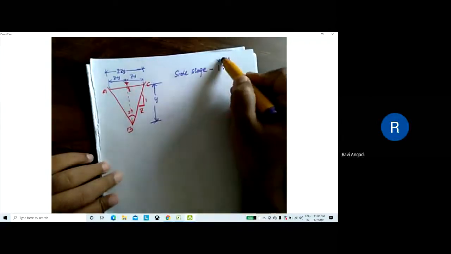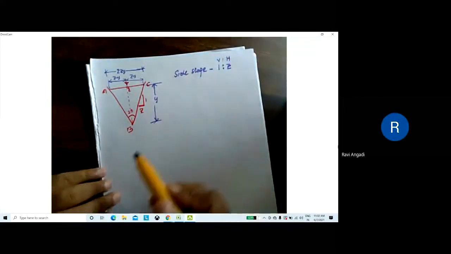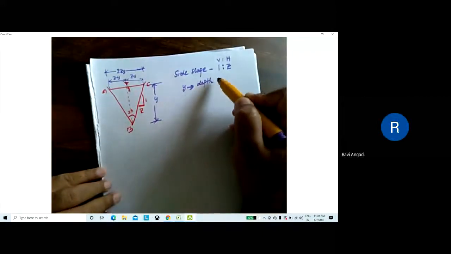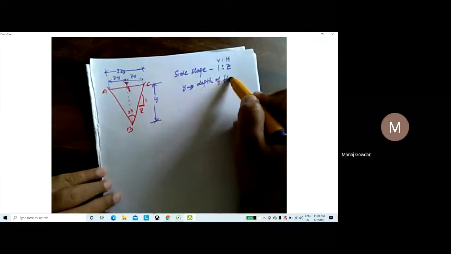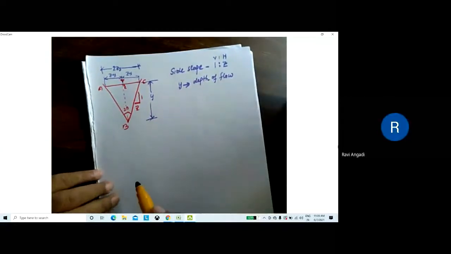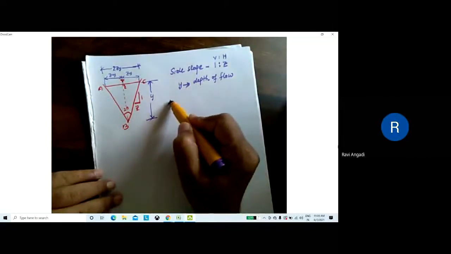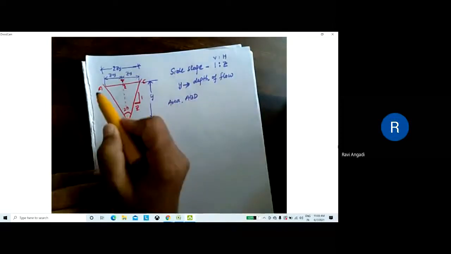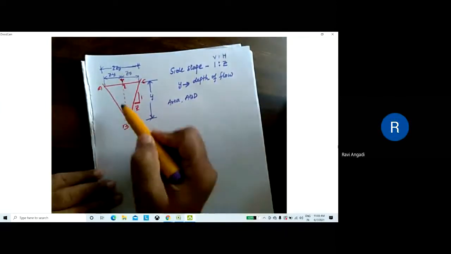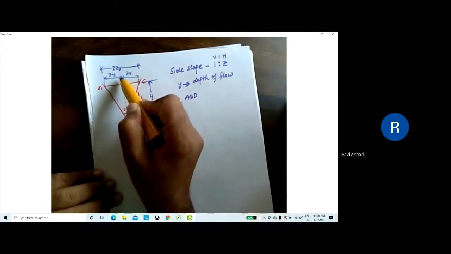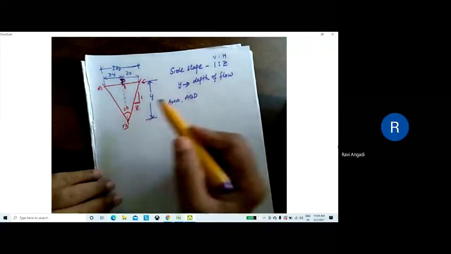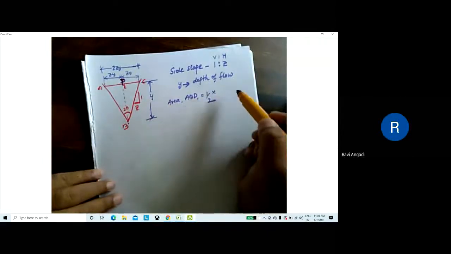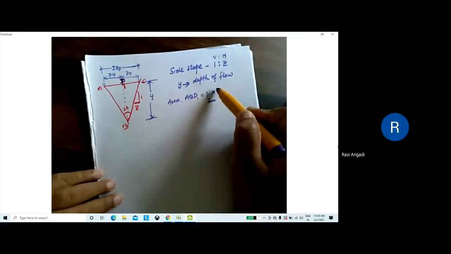And Y indicates the depth of flow. Then what is the area ABD from the figure? Taking D, the area ABD is half into height.